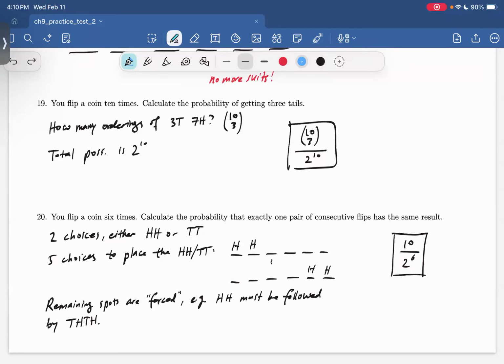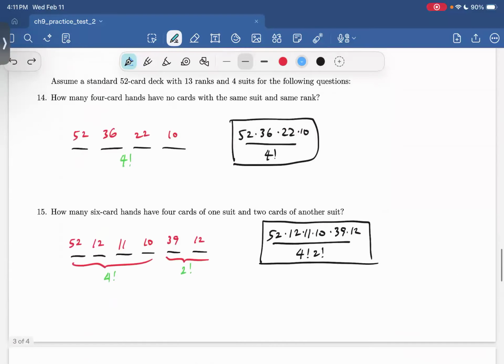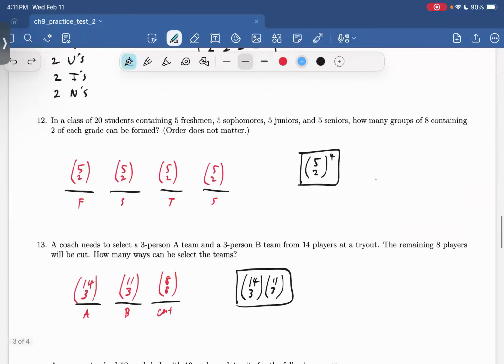Hopefully that makes sense. In general, for the test, you are going to see very similar questions. You are going to see a question about a Chinese restaurant with a boyfriend and a girlfriend. You are also going to see questions such as question 19. You're going to see very similar poker hand stuff.